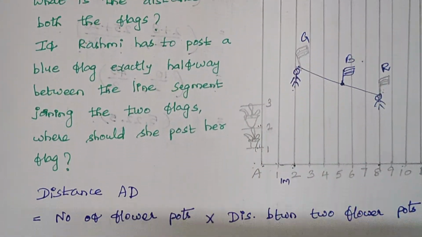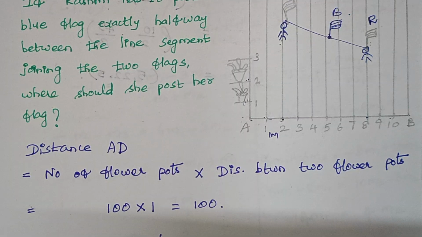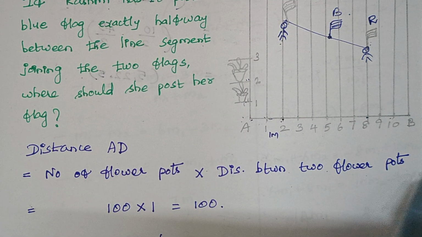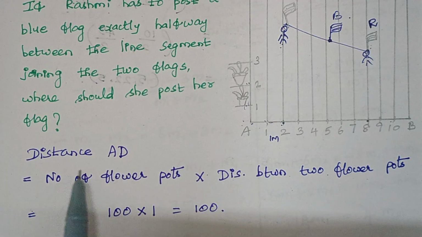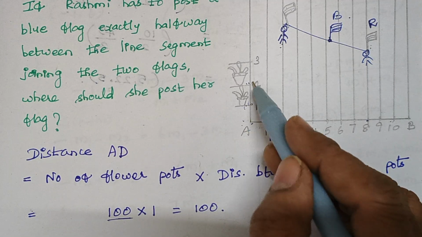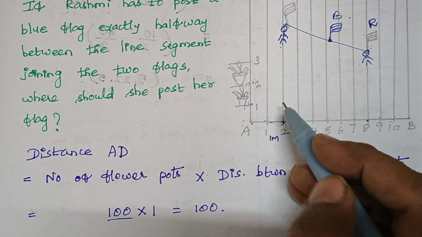So here distance AD is nothing but the number of flower pots into the distance between two flower pots, right? So here how many flower pots are there? 100 flower pots are there, and these flower pots are placed at 1 meter difference, right?